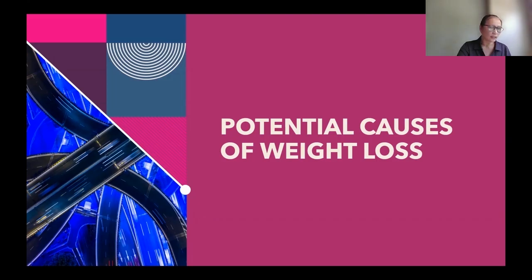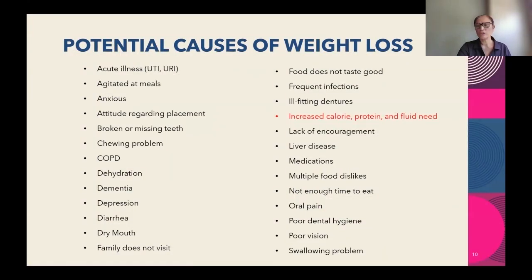So I provided, and these are just a few, I mean, I could probably add 50 more to this list. But again, this call is only 30 minutes, so I wanted to keep it brief. But potential causes of weight loss that the IDT need to consider. There's a few here. One is acute illness. Was there a UTI? Was there a URI?